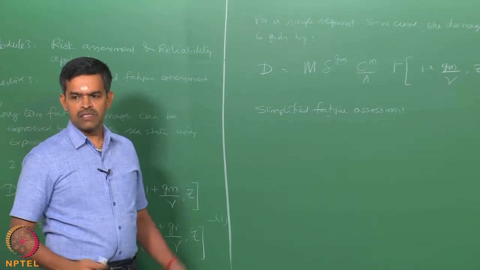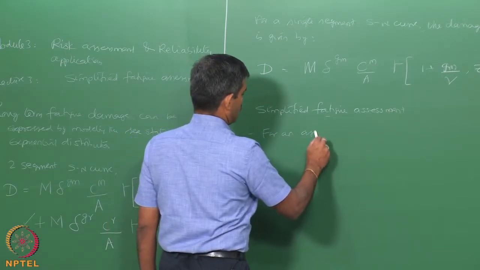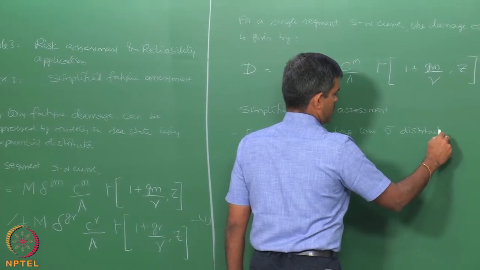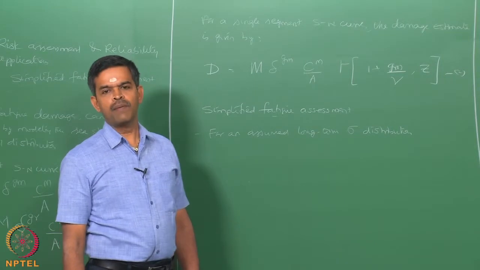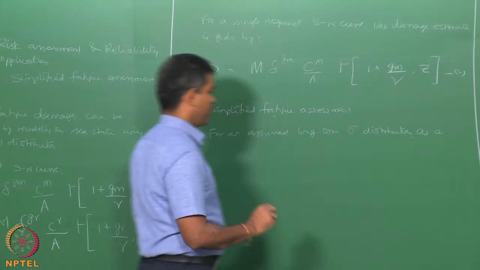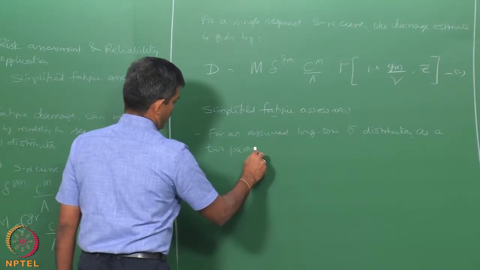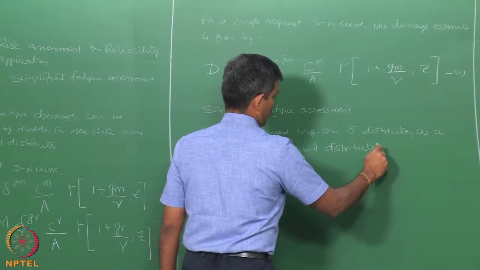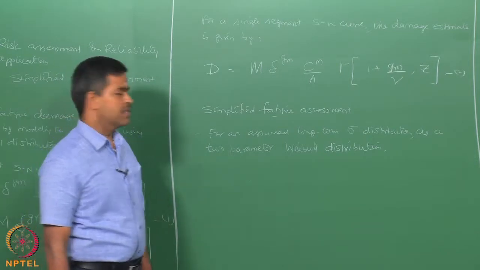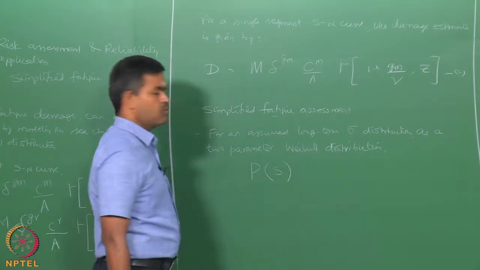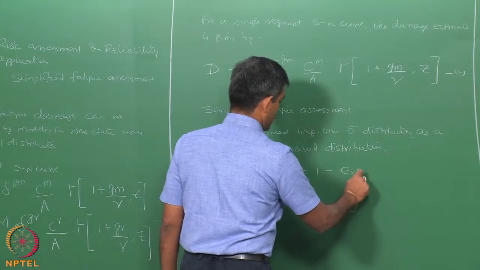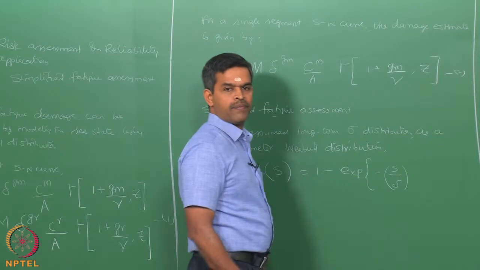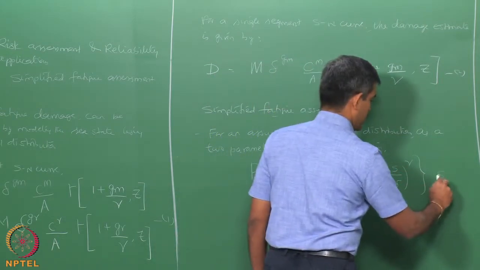If we assume a long term stress range distribution, so for an assumed long term stress distribution as a 2 parameter Weibull distribution, which can be said as the stress distribution probability P of S equals 1 minus exponential of minus of S by delta raised to the power gamma, where S is greater than 0.